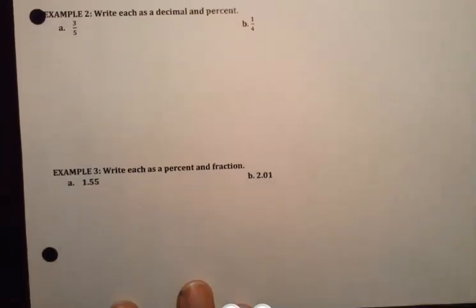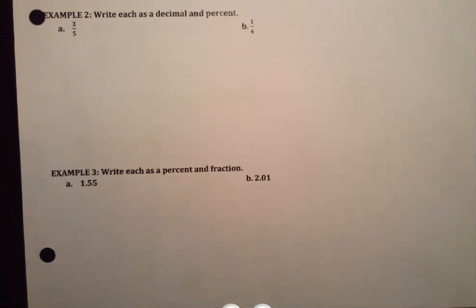Example 2. We're just going to keep going where we're going to write each as a decimal and percent. So now I'm given a fraction. This one looks a little messier. It's 3 over 5. I need my denominator to be 100, right? So 5 times what is going to give me 100? Yeah, 5 times 20. So I'm going to multiply this by 20 over 20.